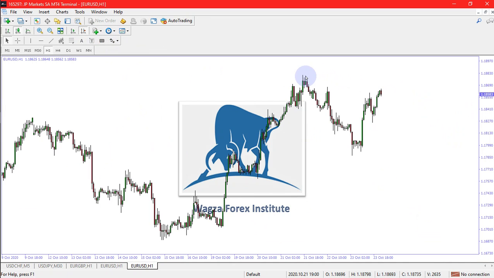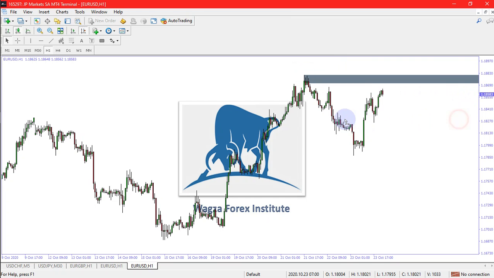Okay, we'll come here. This was a bullish structure. Then we'll extend, anticipating to see a reversal. So we'll take this successive high, then we'll extend it to there.